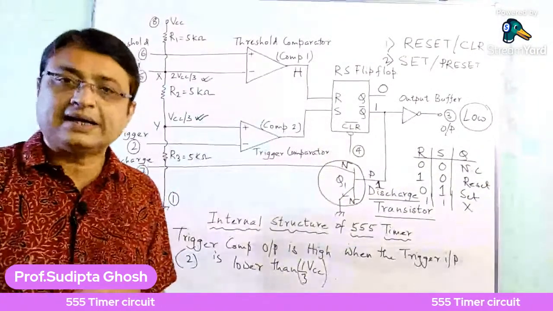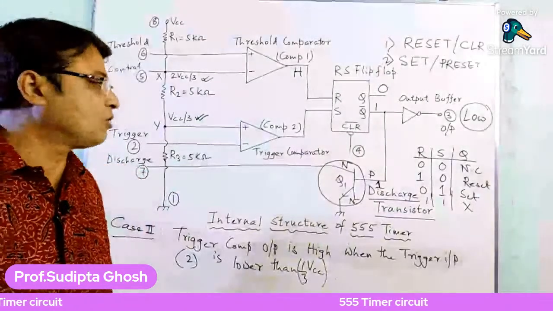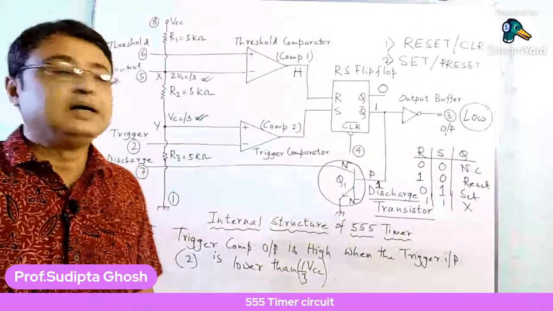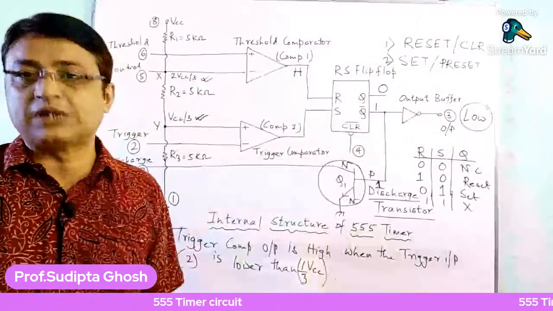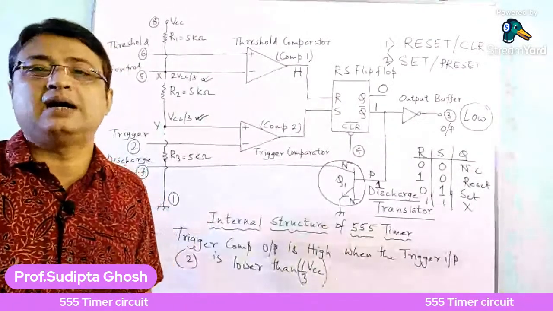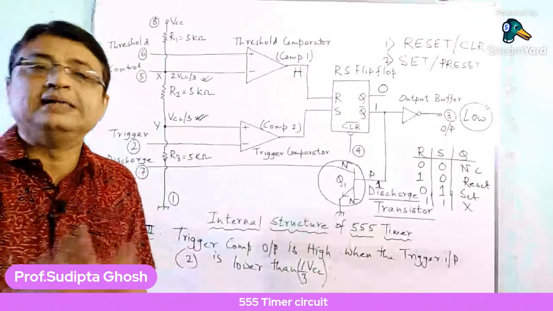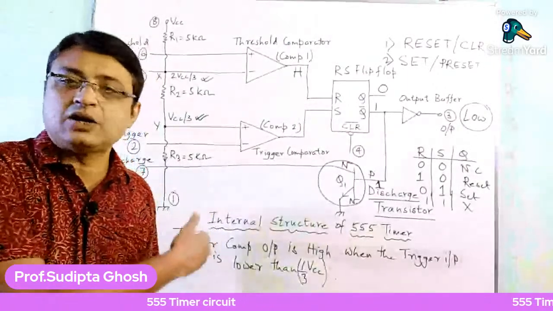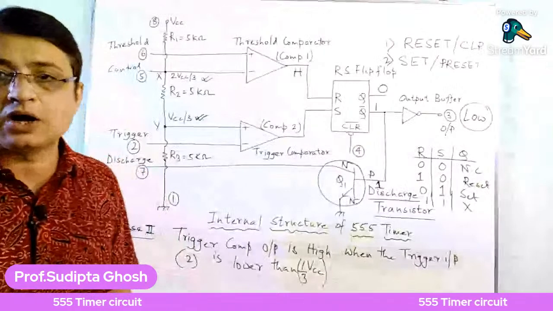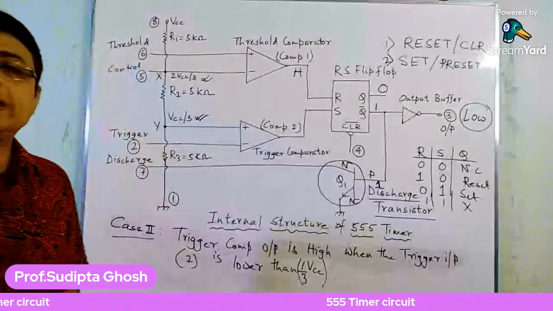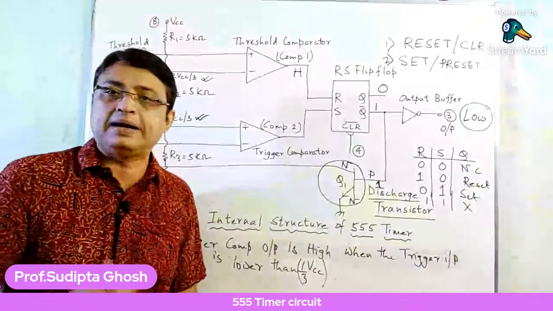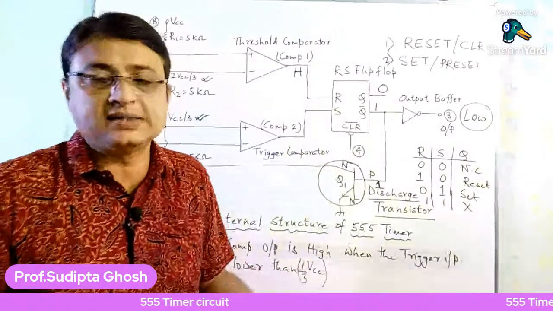Now in case number 2 we are going to study when the trigger comparator goes high. So again we are concerned with the high output value, but this time for the trigger comparator output. When does it go high?